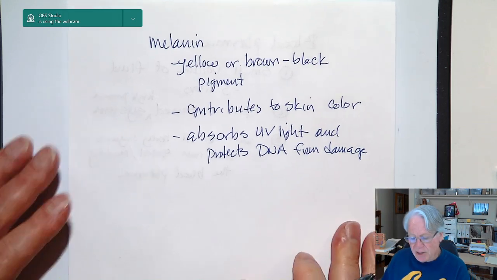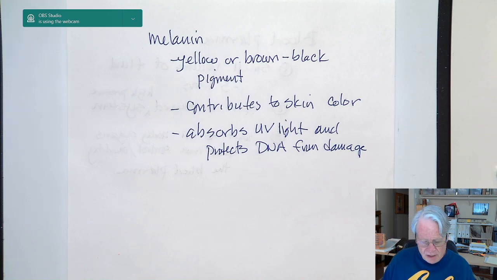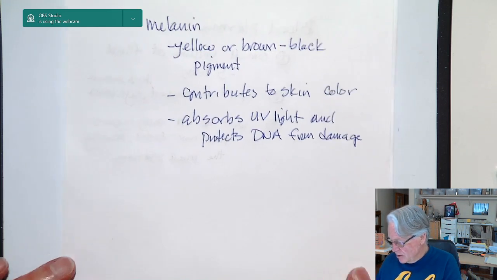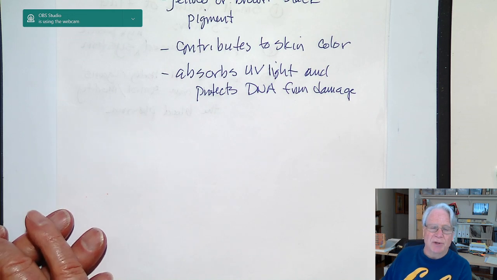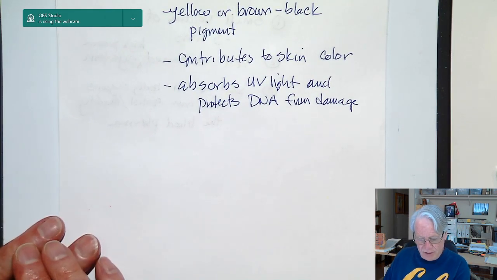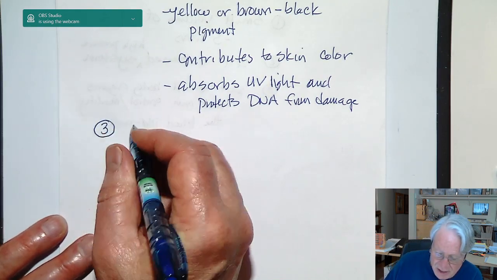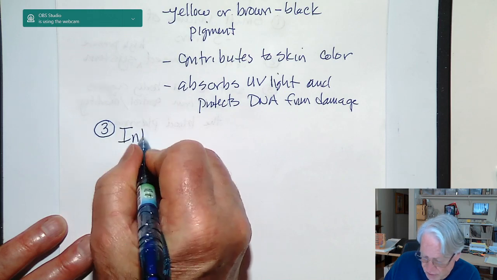Because ultraviolet radiation is a mutagen. It can literally change and cause mutations in the DNA. And to prevent that, we are going to have this protective umbrella of this pigment over the DNA, over the nucleus.